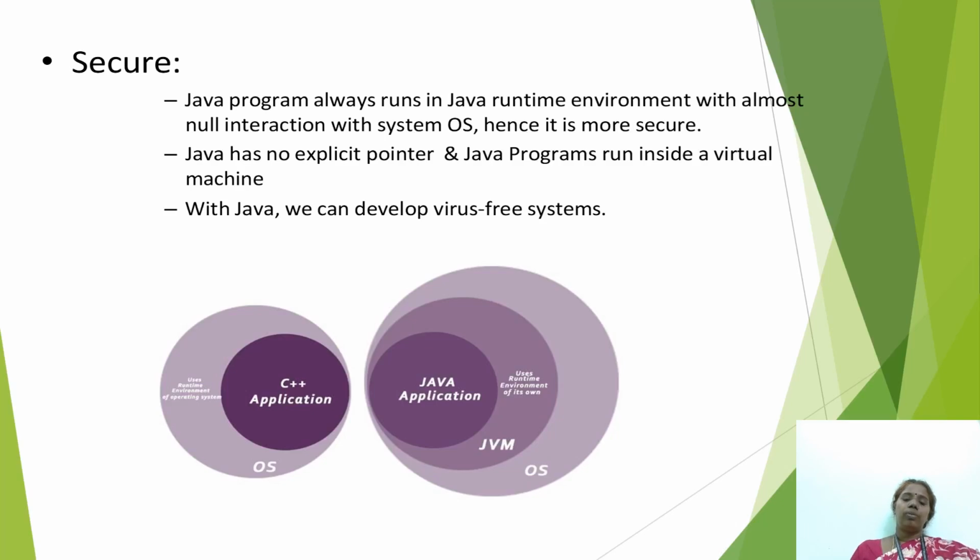On every OS we can run a C++ application and a Java application. In a C++ application we have only one layer. So we differentiate both applications, C++ and Java. Inside the Java application we see the Java Virtual Machine. It gives more security for the Java applications of every operating system.